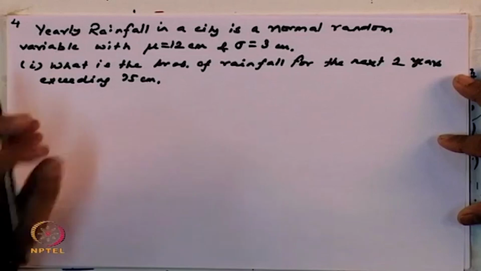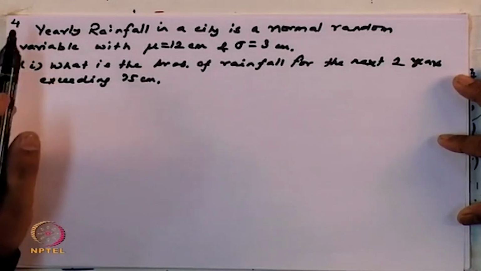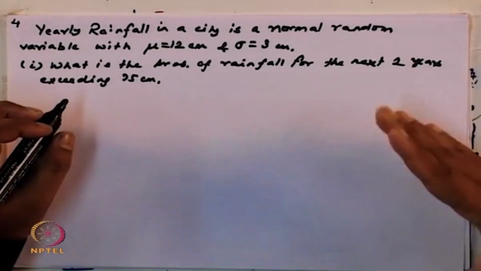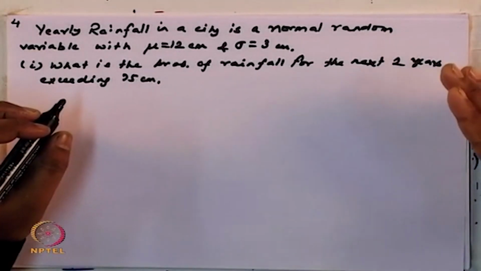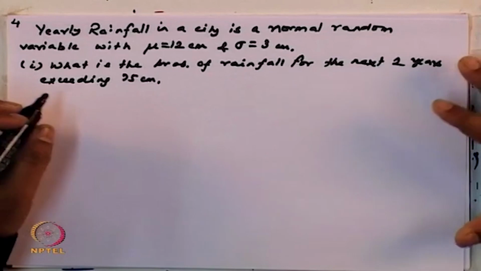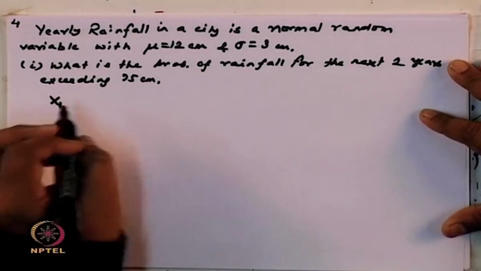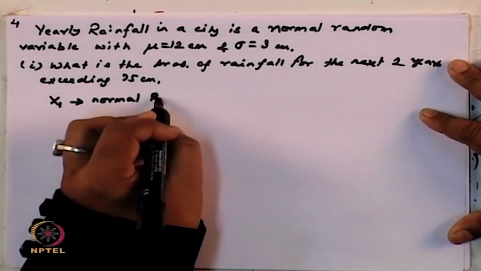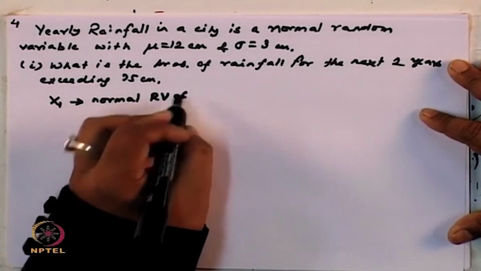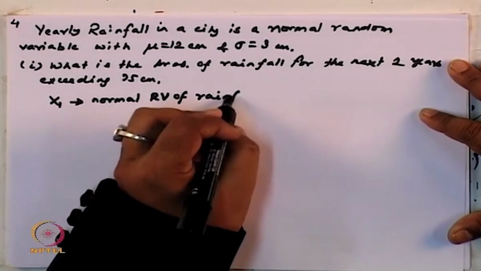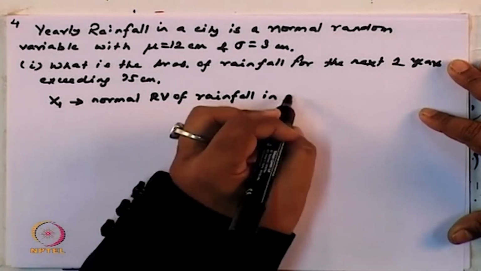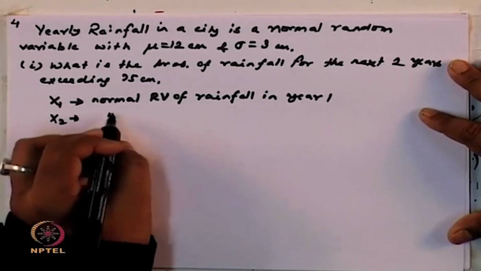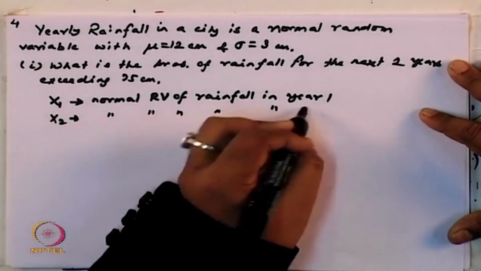What you see here is that since the rainfall in a given year is a normal random variable and there is no correlation between the rainfall in a given year and the next year, you can assume that the rainfall in each year is a normal variable and these variables are independent of each other. So, I can write x1 is the normal random variable of rainfall in year 1, and x2 is similarly the normal random variable of rainfall in year 2.